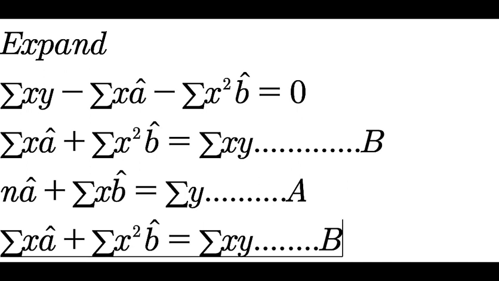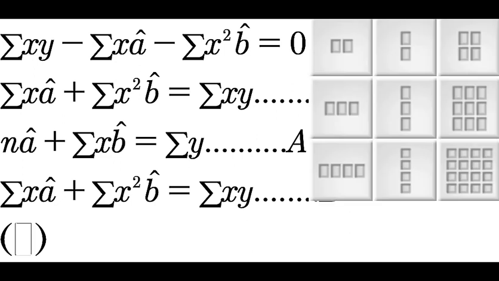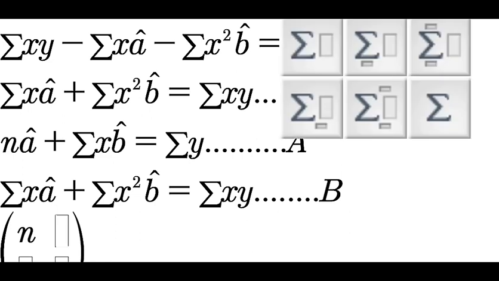We write out the coefficient matrix, which has n as one of our coefficients, and summation x and summation x.